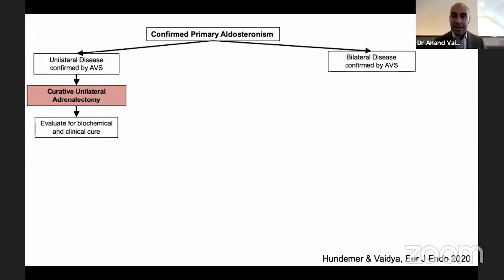If your patient has bilateral disease or is unwilling or unable to undergo surgery, the treatment of choice is lifelong mineralocorticoid receptor antagonist therapy and dietary sodium restriction. The effectiveness of mineralocorticoid receptor antagonist therapy is boosted by dietary sodium restriction. So both of these together are ideal.